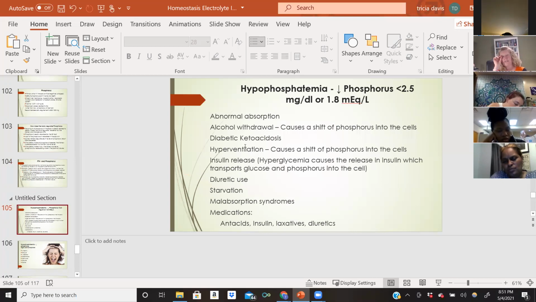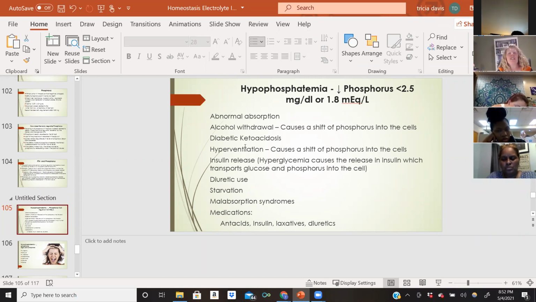So low phosphorus is going to be less than 2.5 milligrams or 1.8 milliequivalent. Abnormal absorption causes hypo levels. Alcohol withdrawal can also cause hypophosphatemia because it causes a shift of phosphorus into the cells when the patients don't have alcohol in their system.